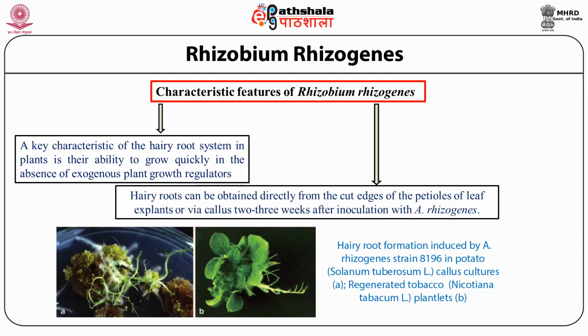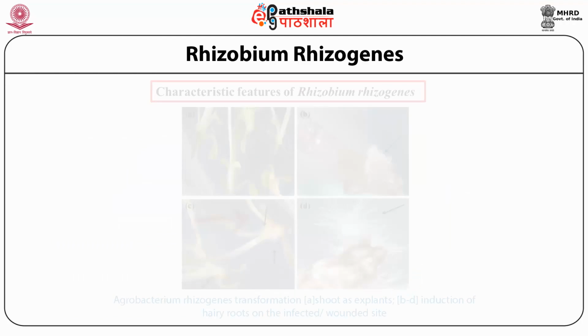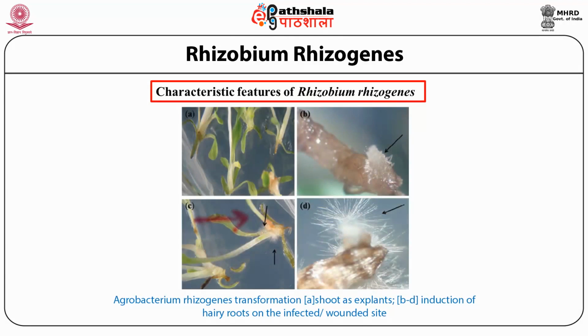Hairy roots can be obtained directly from the cut edge of the petiole of the leaf, or any explant or callus. These figures show the leaf infected by Rhizobium rhizogenes, causing hairy root-like structures in C and D.